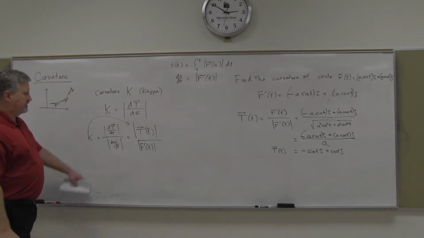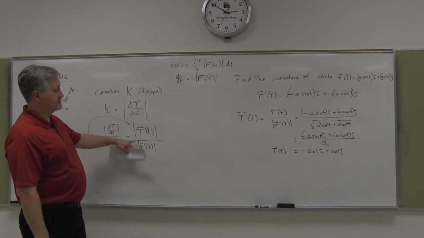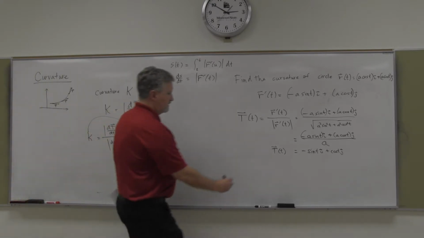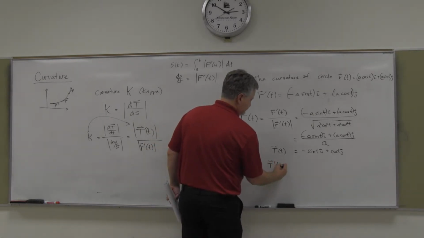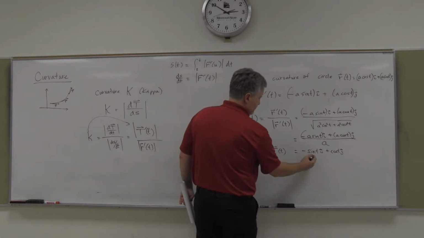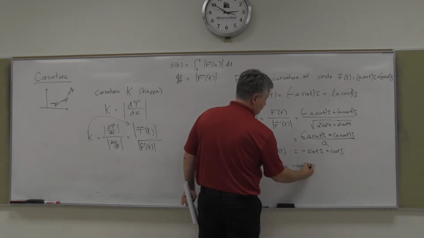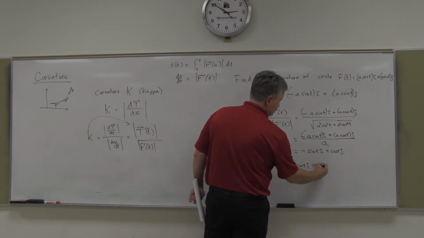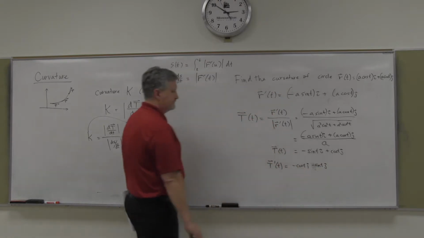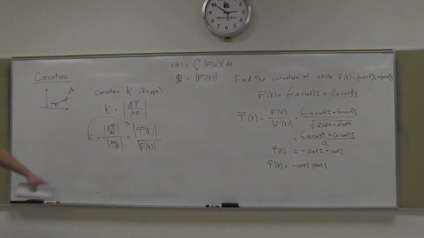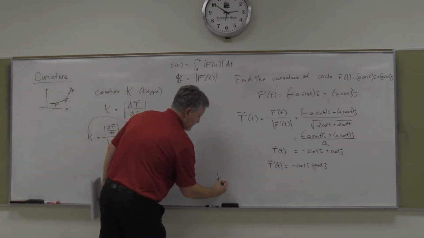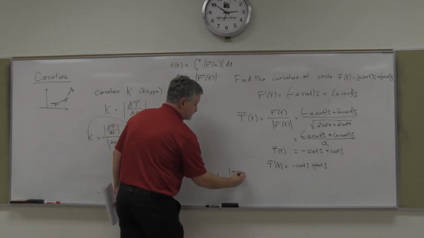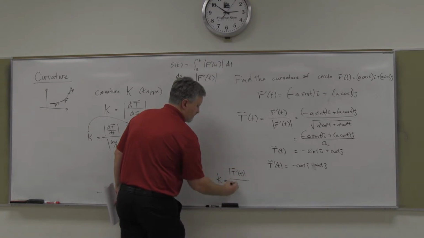All right, so we're almost there. We just need the magnitude of that one. So T prime here, what's T prime? Well, it'll just be negative cosine t i minus sine t j. So kappa is the magnitude of that divided by the magnitude of r prime.